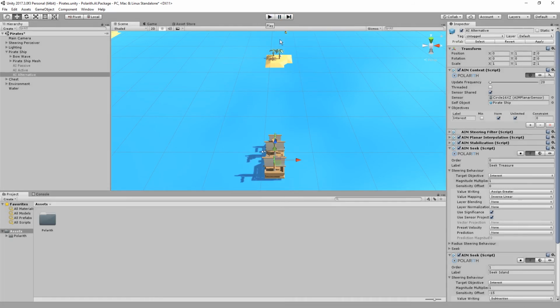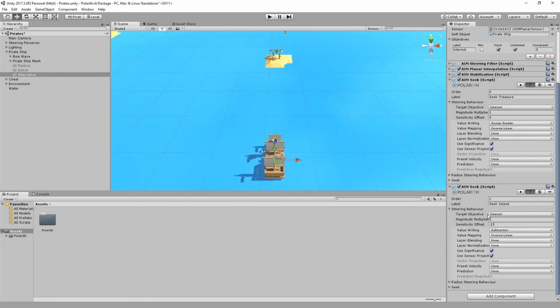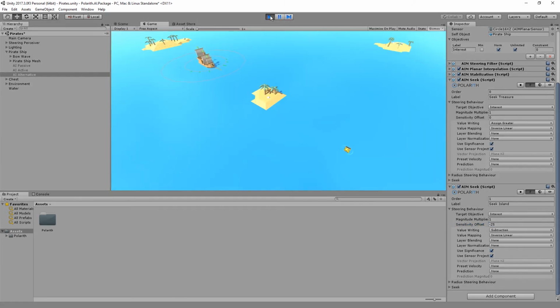We need to tweak some values here and try again. Looks different, but great. As you can see, all roads lead to Rome.